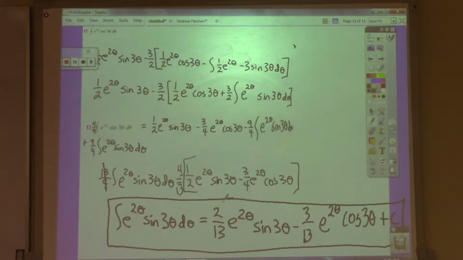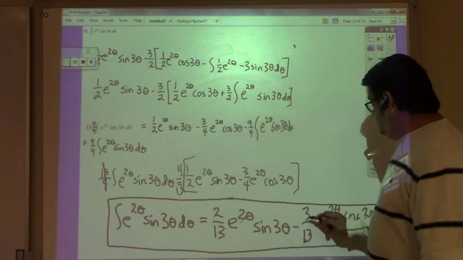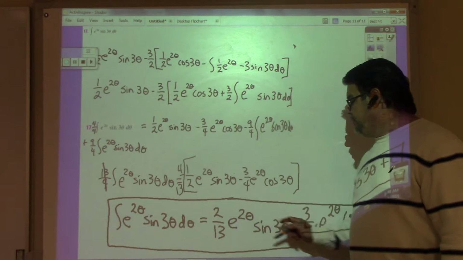We got the right answer. It says 1/13 e to the 2 theta times 2 sine 3 theta minus 3 cosine 3 theta. Is that what? Yeah. So they just wanted a 2 here and a 3 here, so they just factored out 1/13.